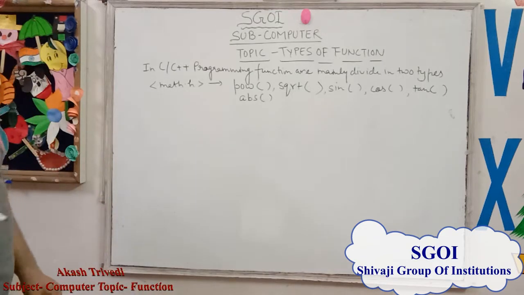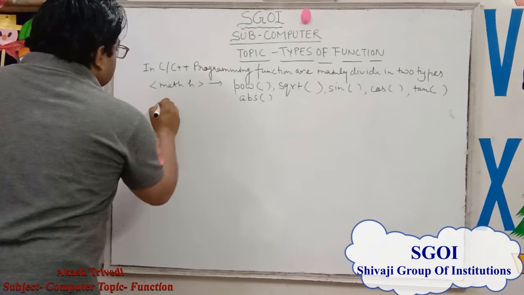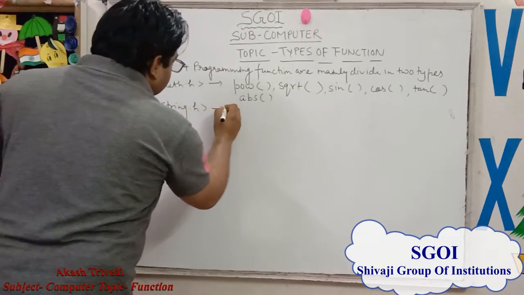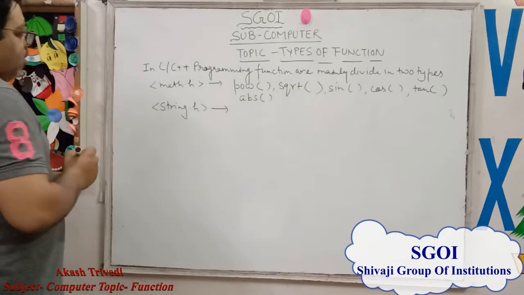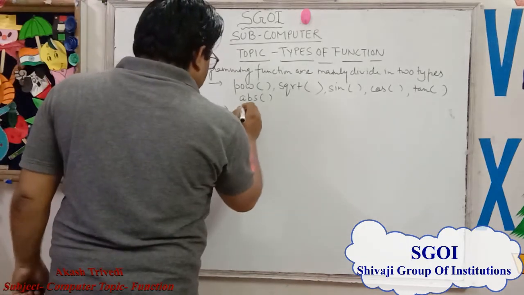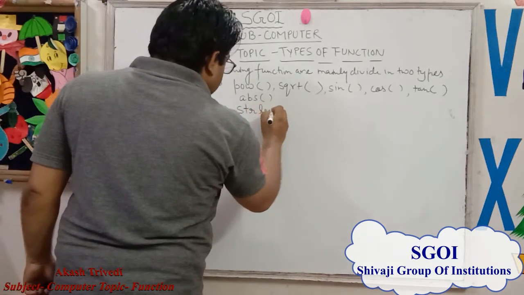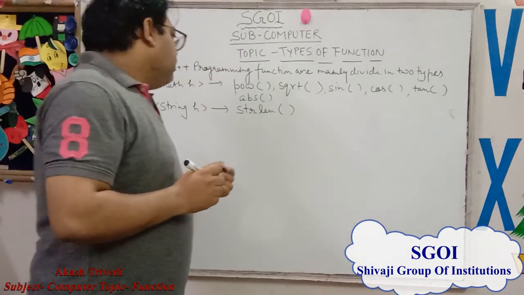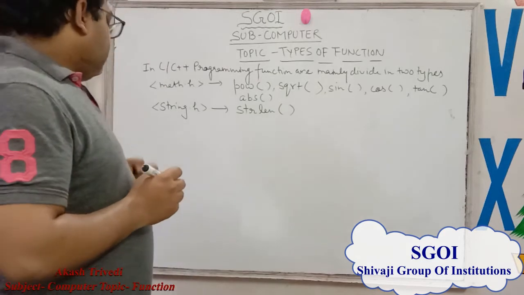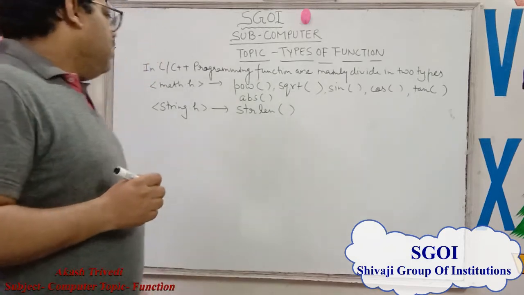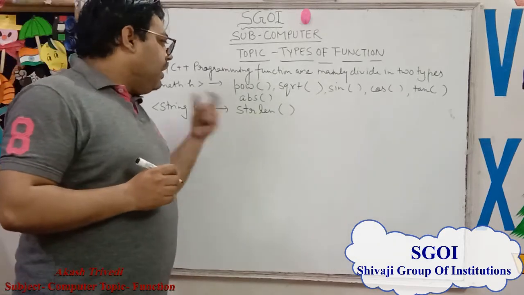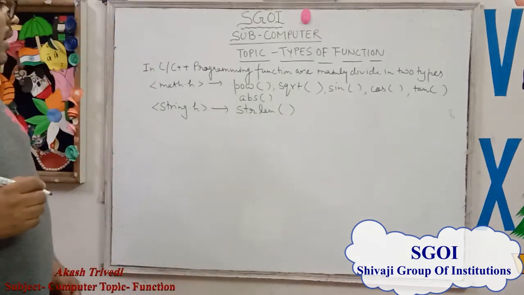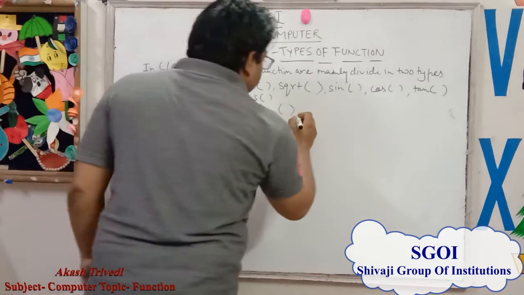Then another header file is string.h. In the string.h header file, library functions are strlen, which has return type integer, and it calculates the length of the given string and returns it in integer form.